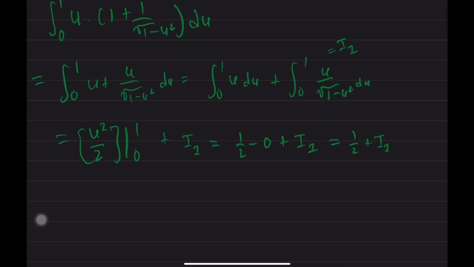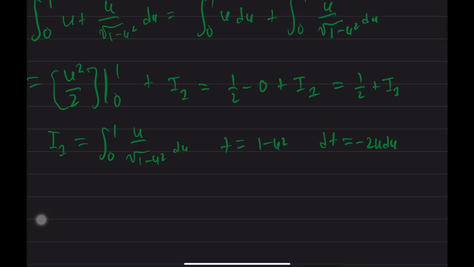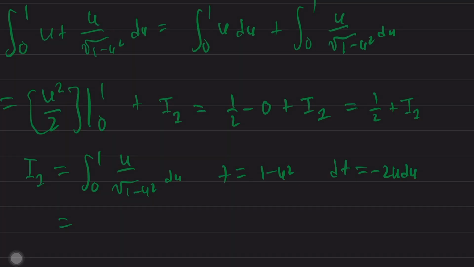So for I1, we can use the substitution t equals 1 minus u squared. So dt is negative 2u du. The bounds become: when u equals 1, we have t equals 0, and when u equals 0, we have t equals 1.